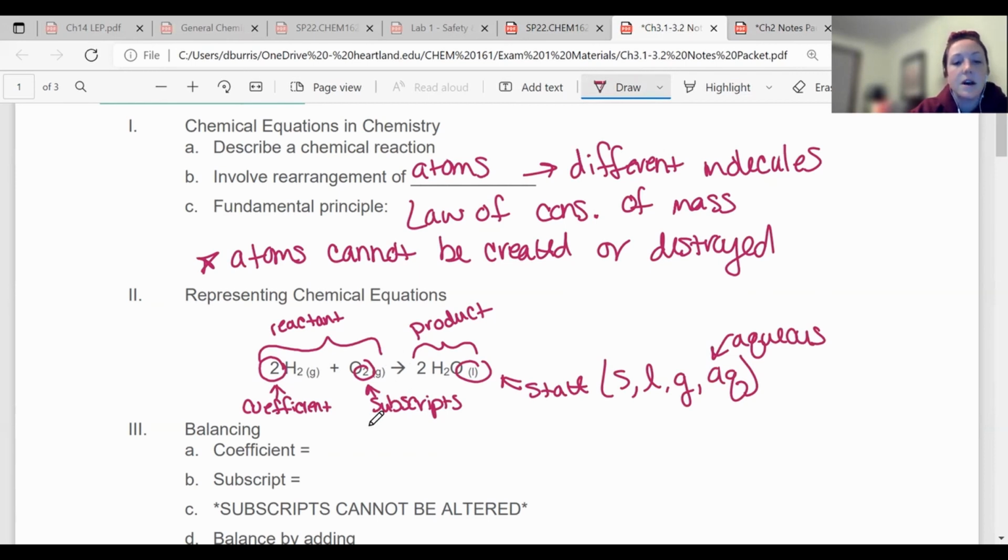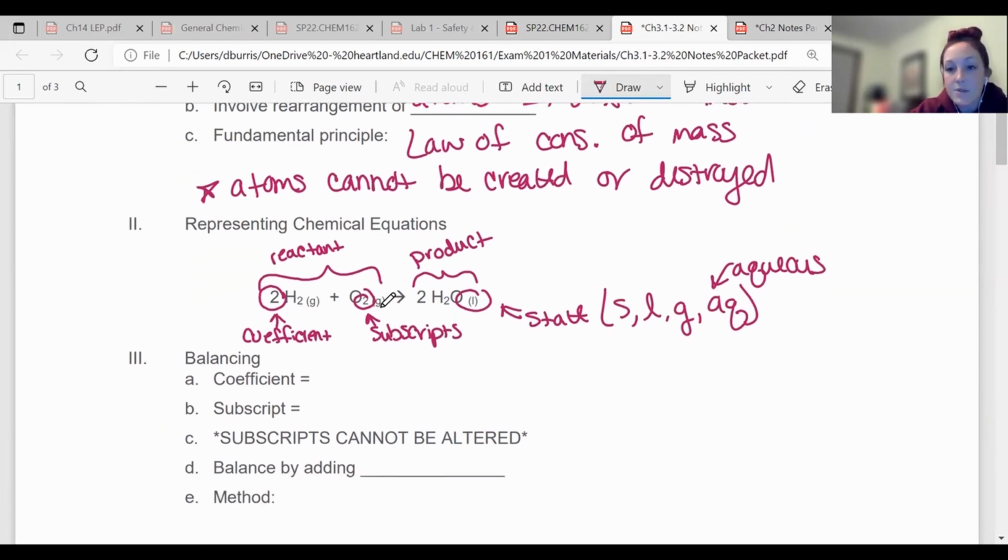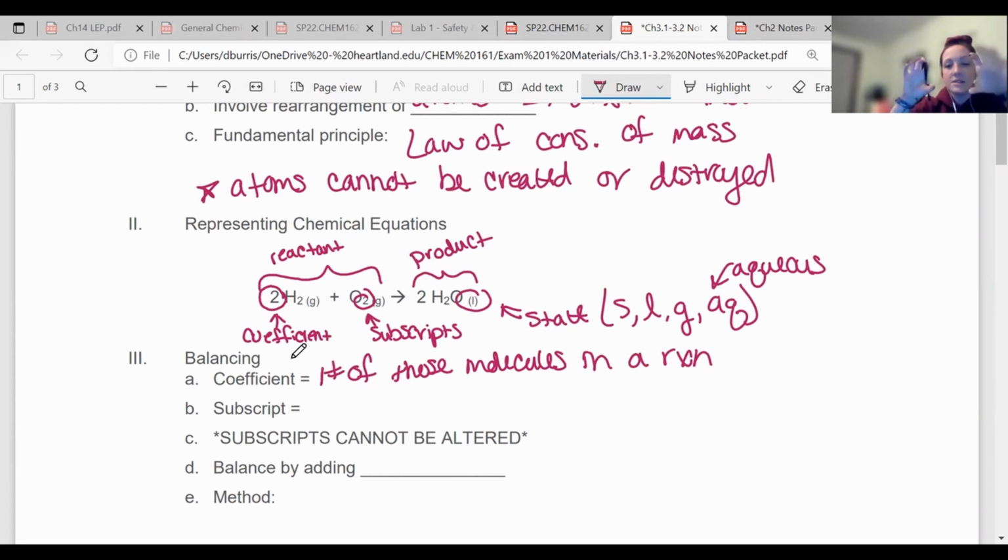The subscripts tell us how many atoms are in that molecule, and the coefficient tells us how many of those molecules are in the reaction. I abbreviate reaction RXN, just so you know. So this means I have two H2 molecules, two things that are H2s.